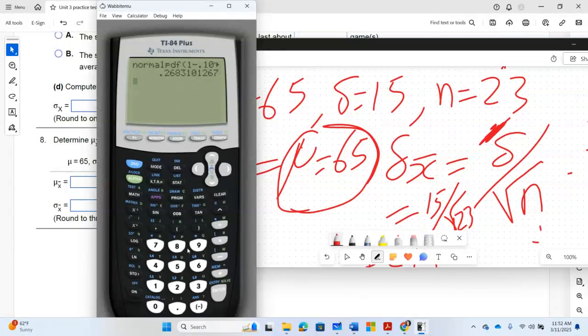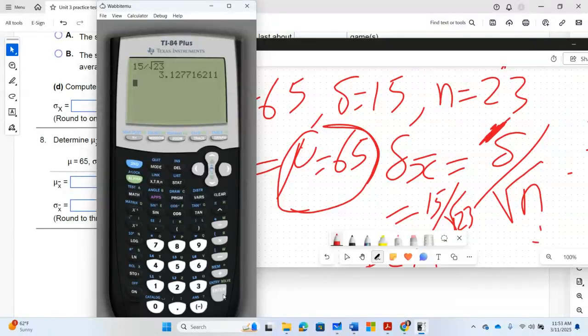So I'm going to clear the screen, and I'm told to find the standard error. So 15 divided by the square root of 23. What am I looking for? I'm looking for the standard error.